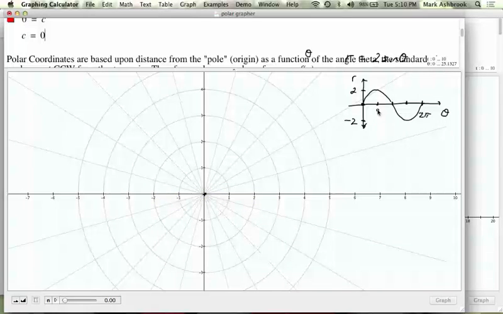And then as theta goes from 0 to pi over 2, what does r do? Increases up to 2. Okay, so when we get to pi over 2, we're going to be here.